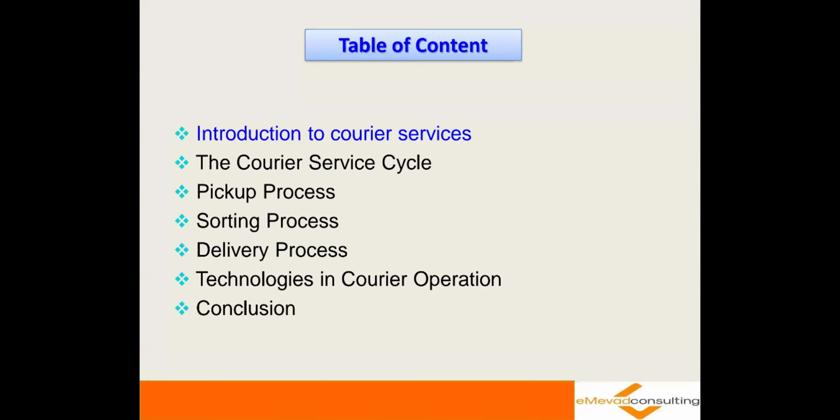Then we talk about the courier service cycle, pickup process, sorting process, delivery process, technologies in courier operation. Then we draw a conclusion by looking at some questions which will form the assignment for this week. Can we move on, please?